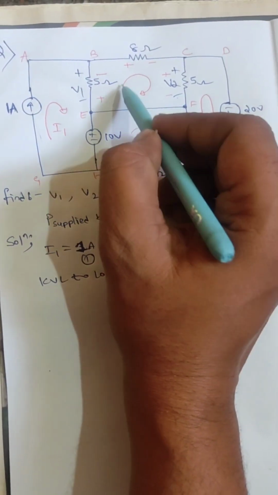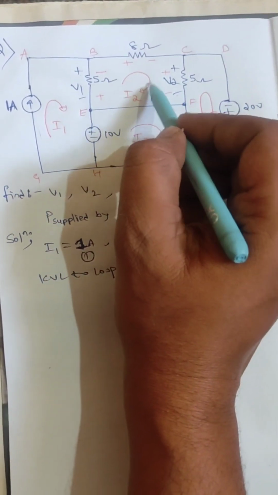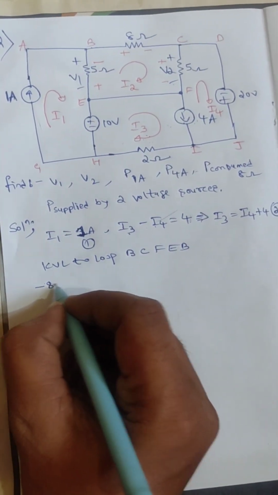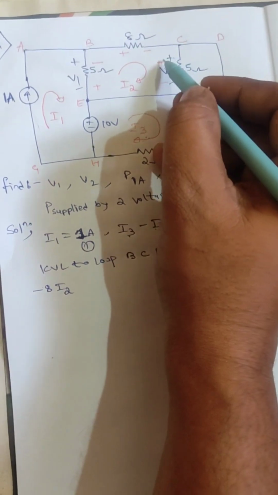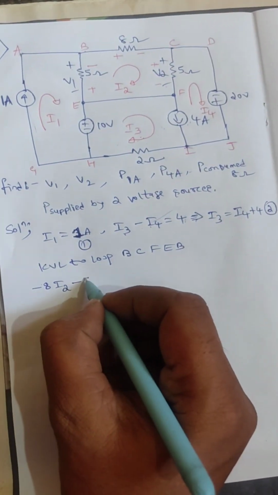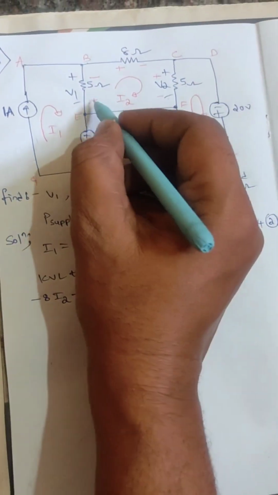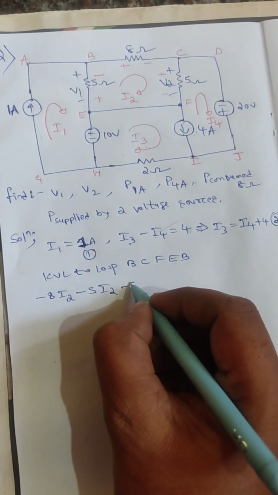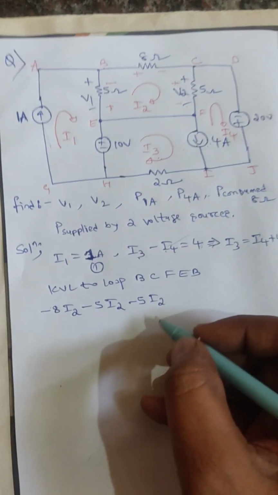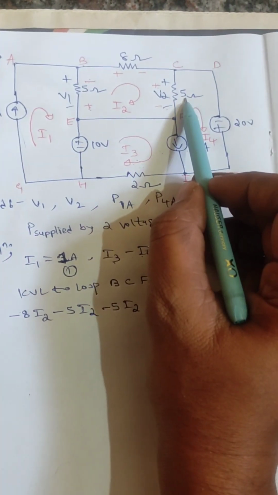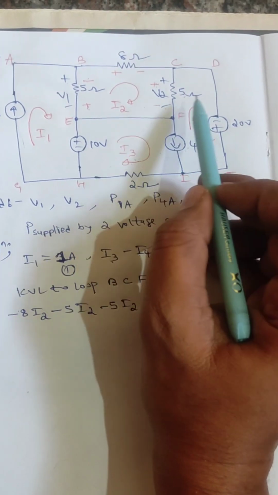Now according to this direction, you write the voltage drops. Whenever current flows from plus to minus, you should write drop. So minus 8 I2, then minus, what is the resistor there? 5 ohm, minus 5 I2. Then minus 5 I2. Now see, this 5 ohm resistance lies between this loop as well as this loop.